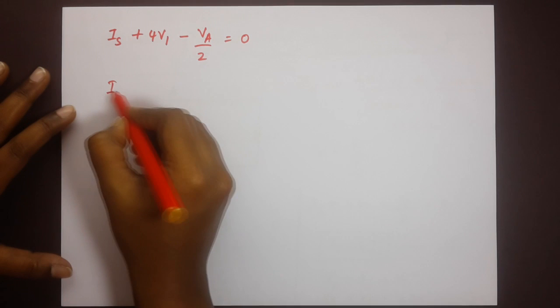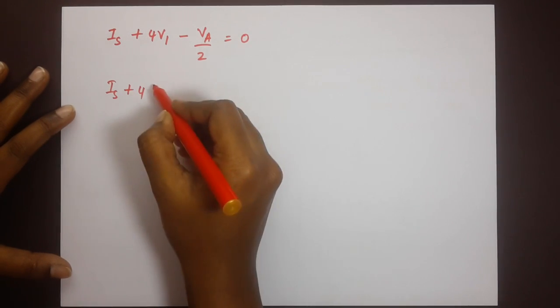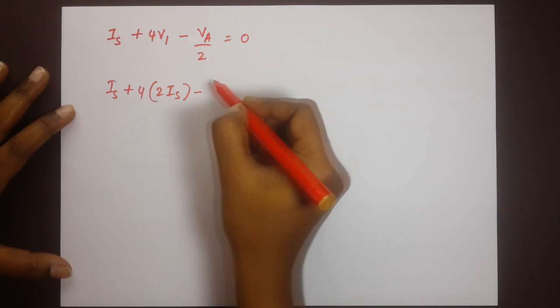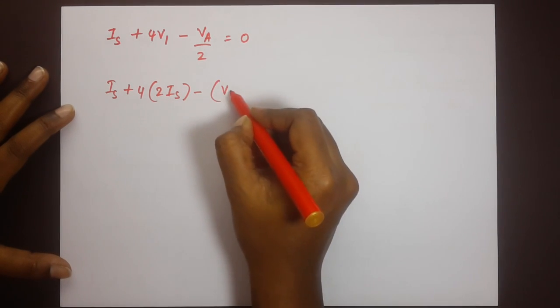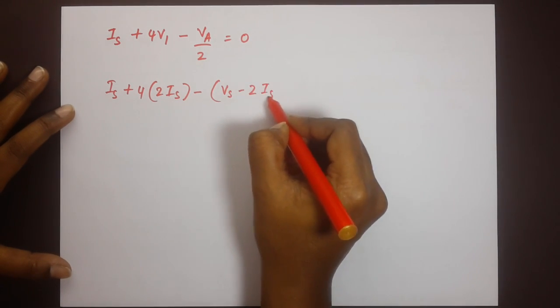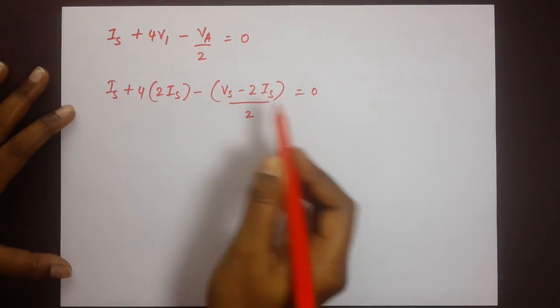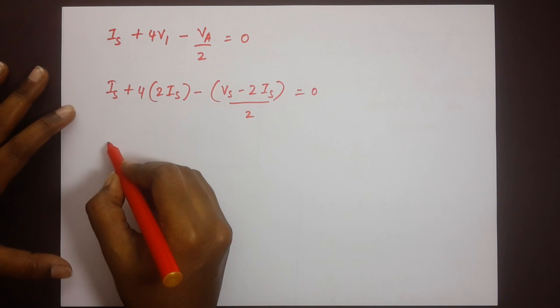Now we substitute: Is plus 4 times V1, which is 2Is, minus Va, which is Vs minus 2Is, divided by 2, is equal to 0. Let's simplify this even further.